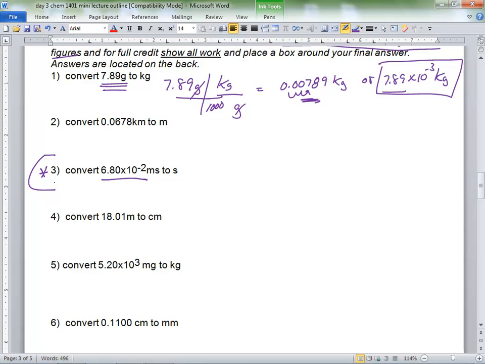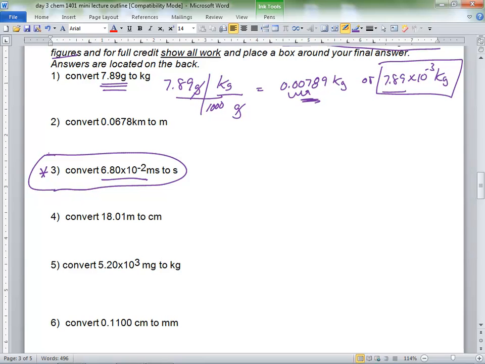Let's try this one. Go ahead and just start out by writing out the measurement. Number 3. Just start out by writing out the measurement, and then go for it. 6.80 times 10 to the negative 2 milliseconds.